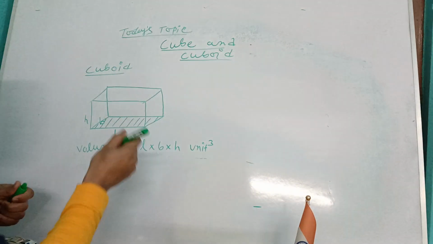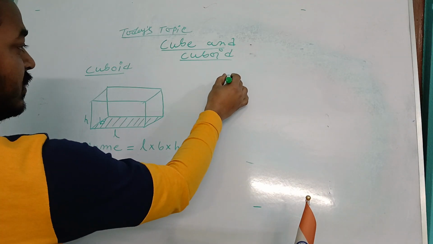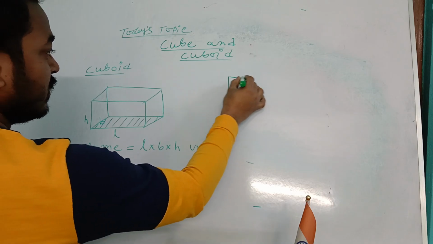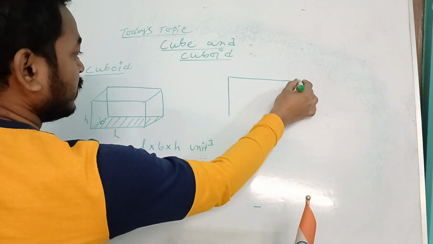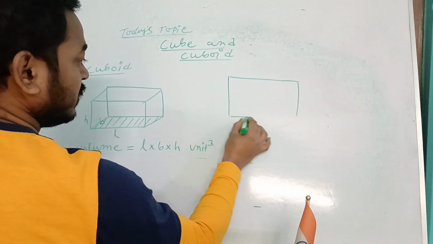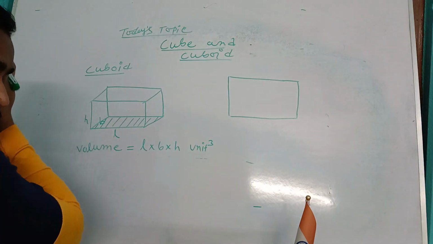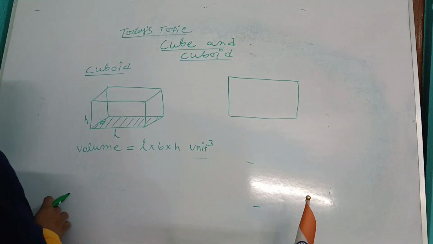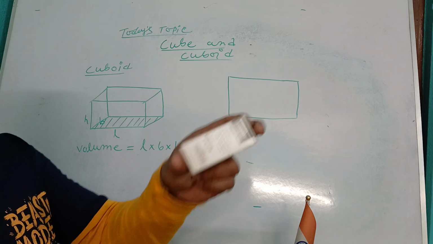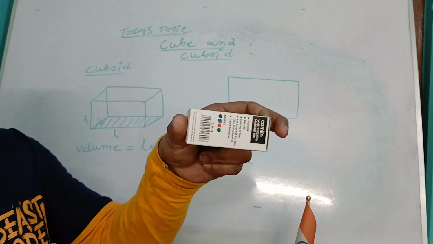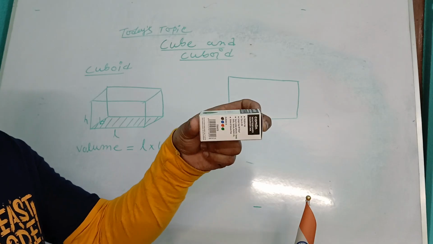See, how many faces are there? I am drawing one diagram here. See, this is one of the faces. Consider one brick. Or otherwise we can use these also. So this is nothing but also a cuboid.